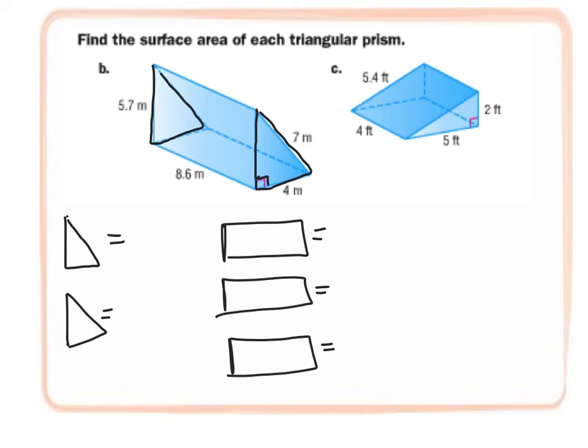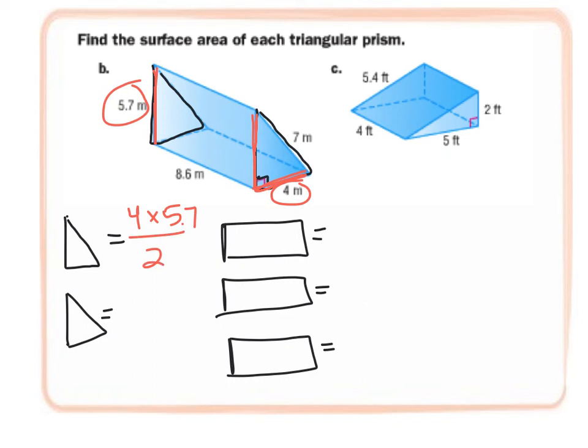Okay, so I have my faces drawn out. That's my first step. Then I need to figure out the surface area. So my base of my triangle is 4, because I always go off of my right angle. And then my height, it's not listed right here, but if I look at my other triangle, my height is listed, and it's 5.7. So I have 4 times 5.7 divided by 2.